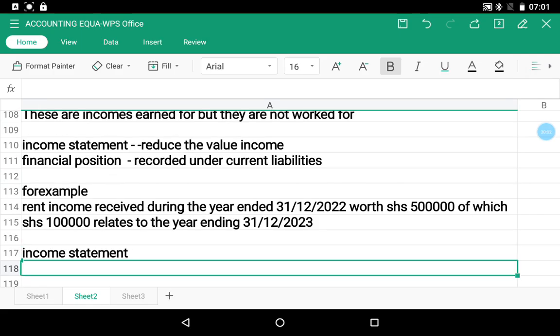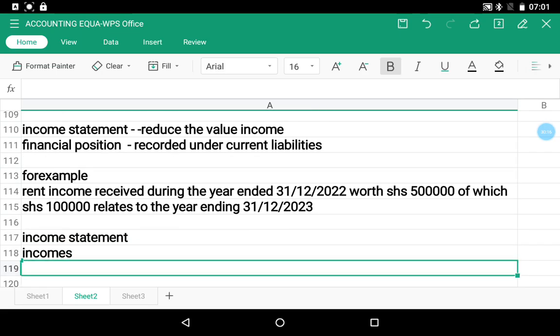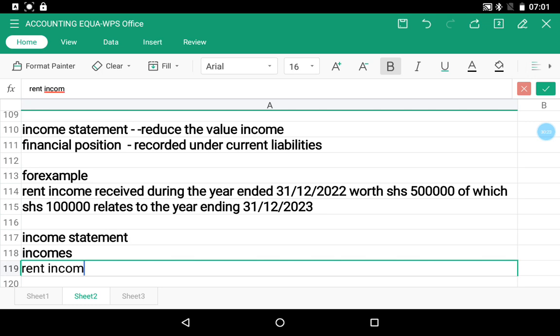So this time under our income statement, we shall come and say under income, record rent income received, which is 500,000.